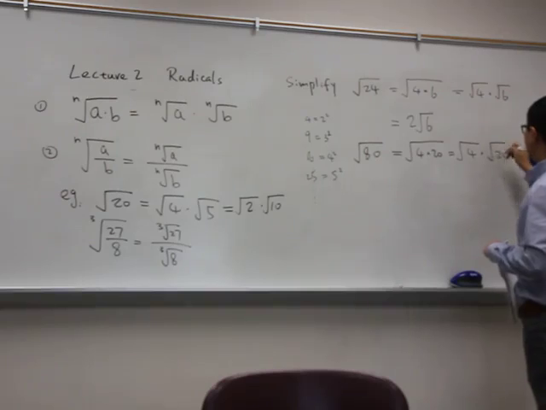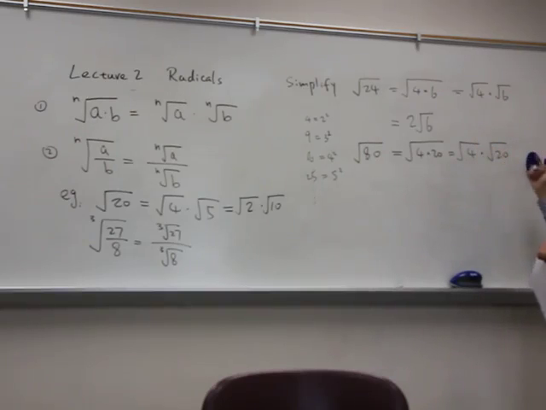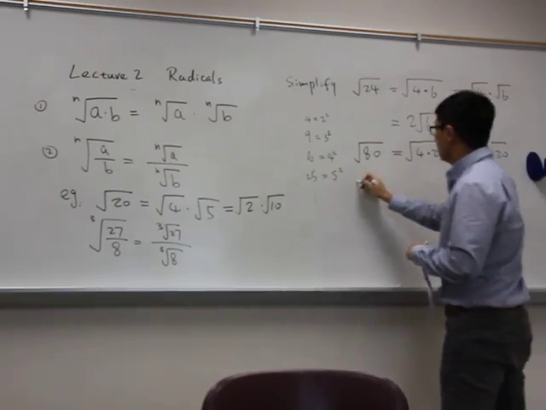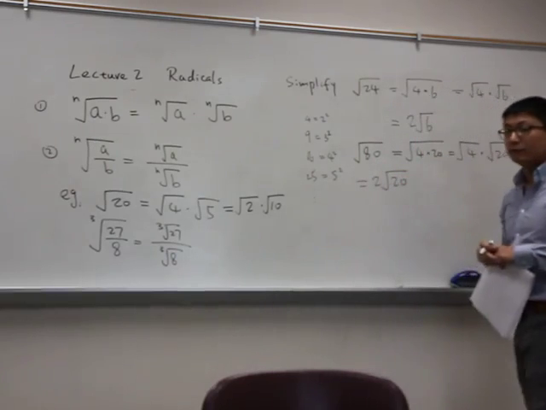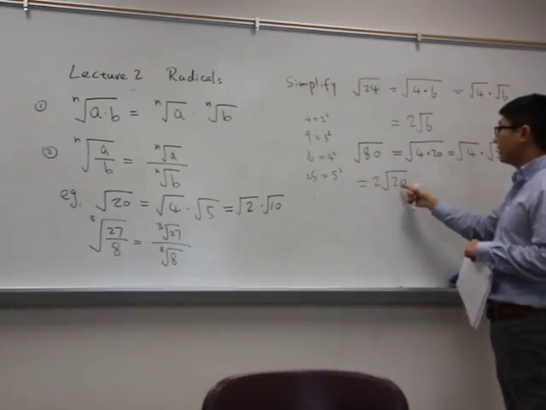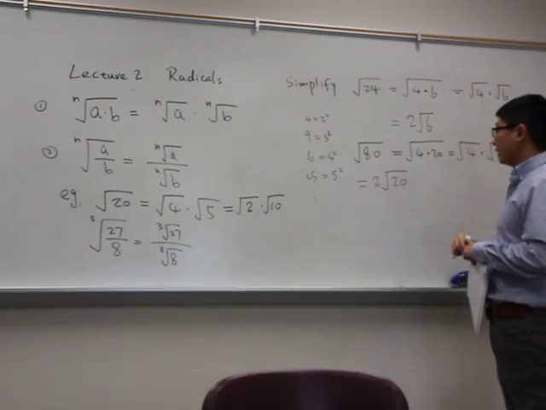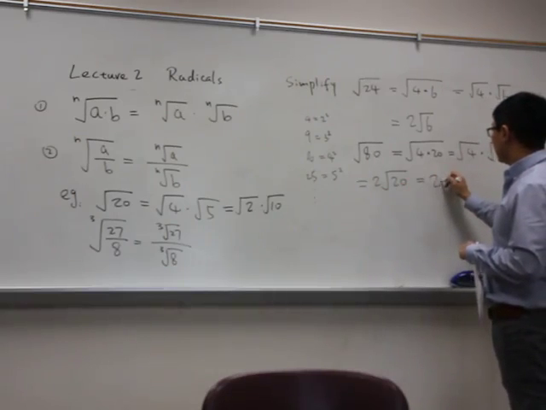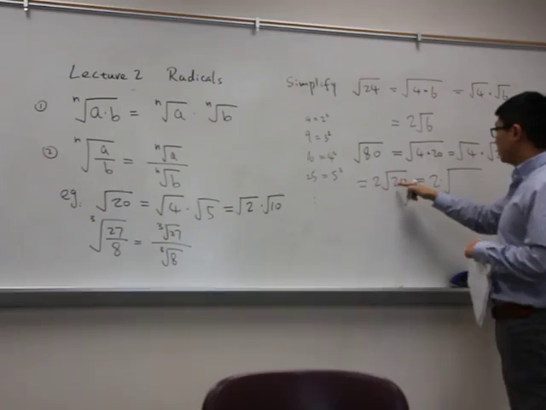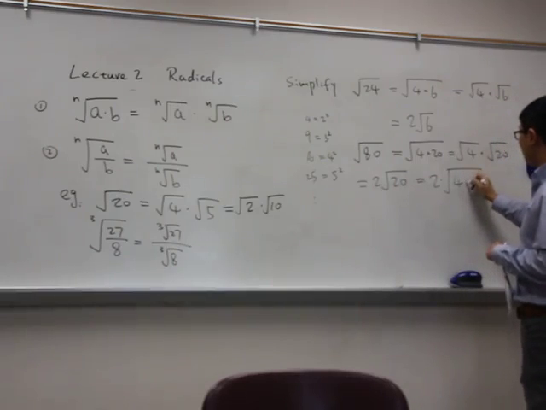So this becomes the square root of 4 times the square root of 20, which is 2 times the square root of 20. Now, because 20 also contains a perfect square, 20 contains 4. So we continue to break 20 into 4 times 5.